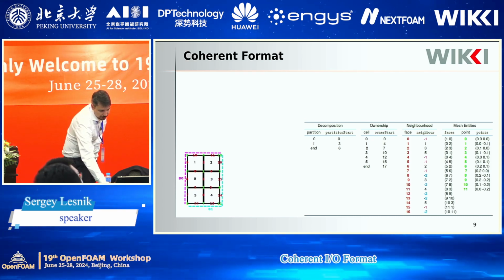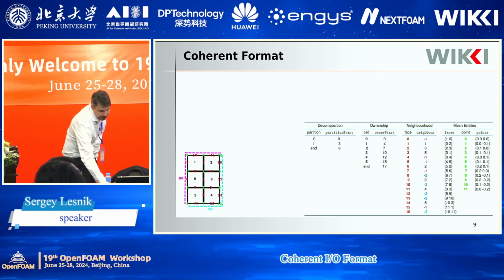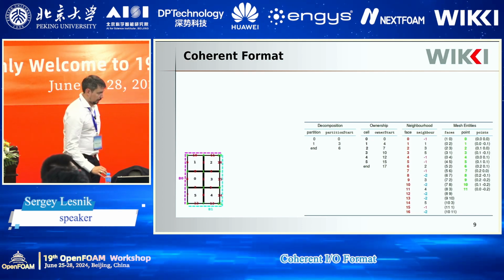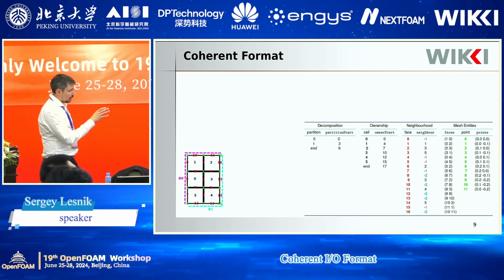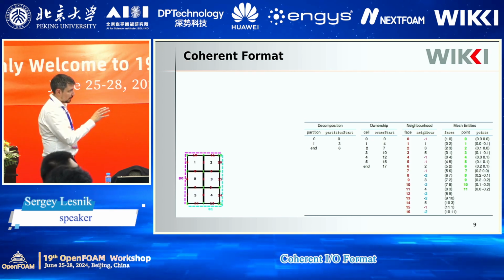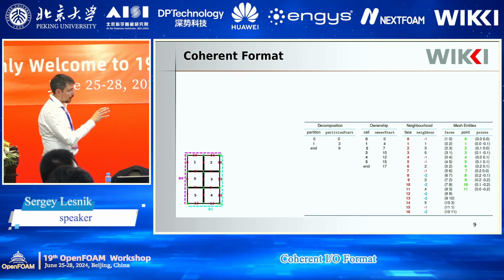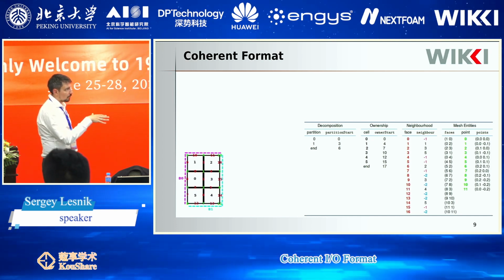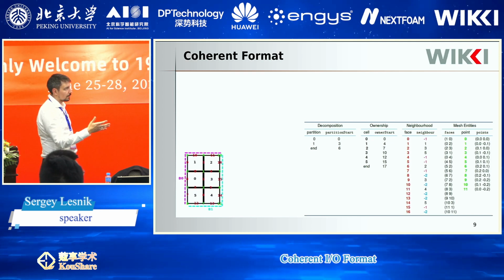Then we have the owner array, and the nice thing about it is now everything is consecutive, and we just need to provide offsets for the owners.